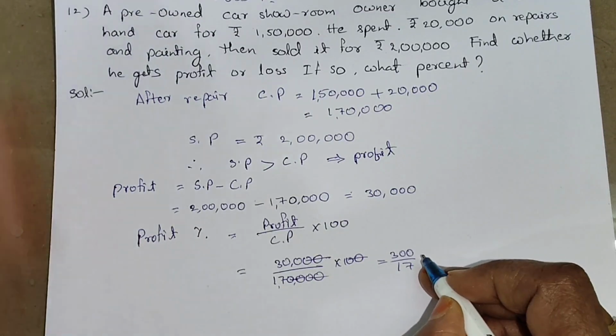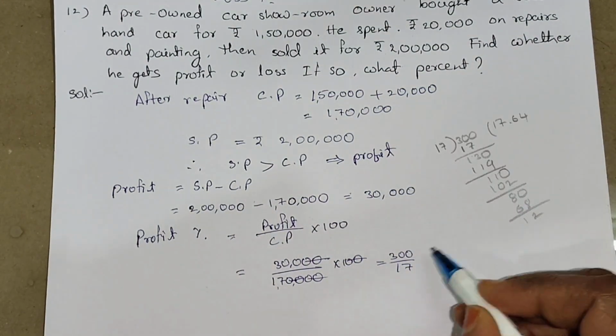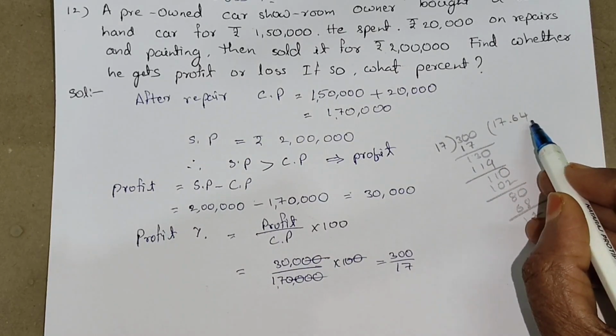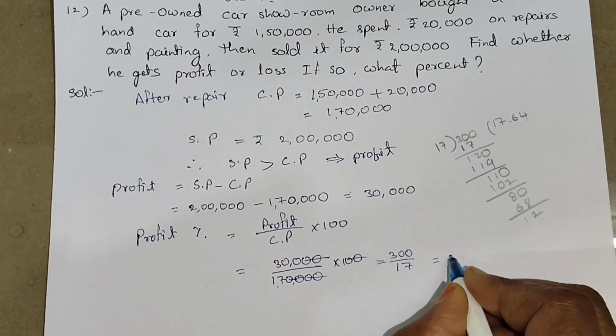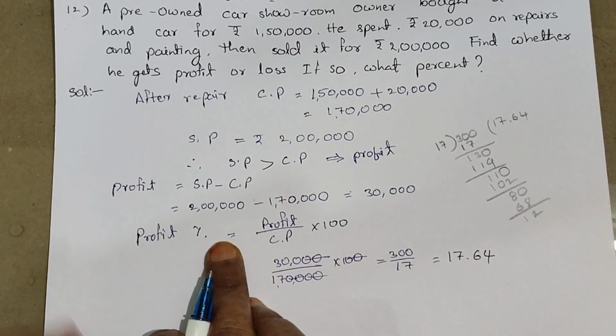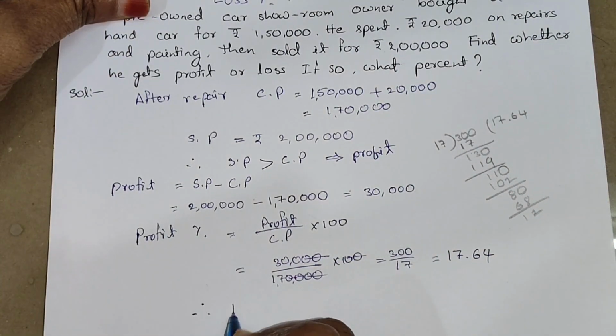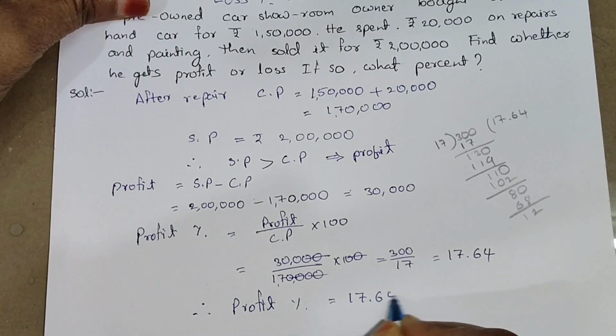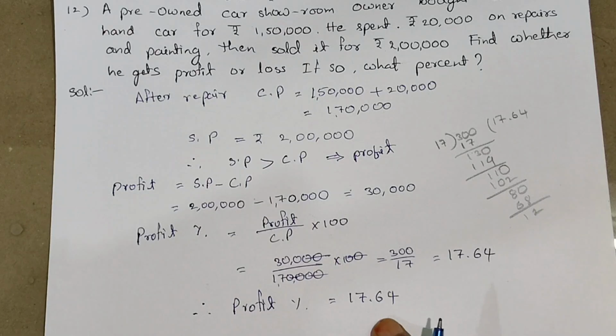Now do the division. 300 divided by 17, we get 17.64. So this is the profit percentage. Therefore profit percentage is equal to 17.64.